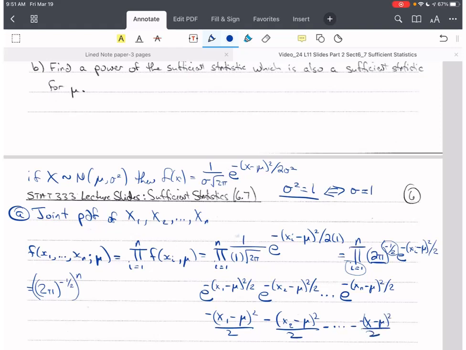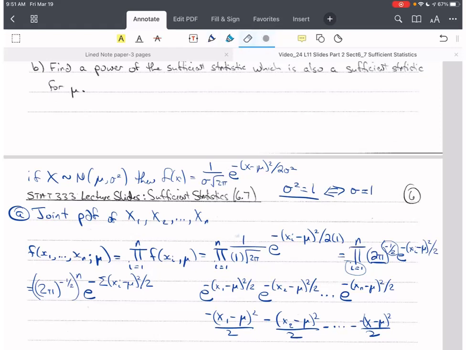They have a common denominator, so we sum the numerators, not the denominators. When we have a common denominator, we can just put the whole thing over 2. So this is going to be e to the negative sum of (xi minus mu) quantity squared over 2.